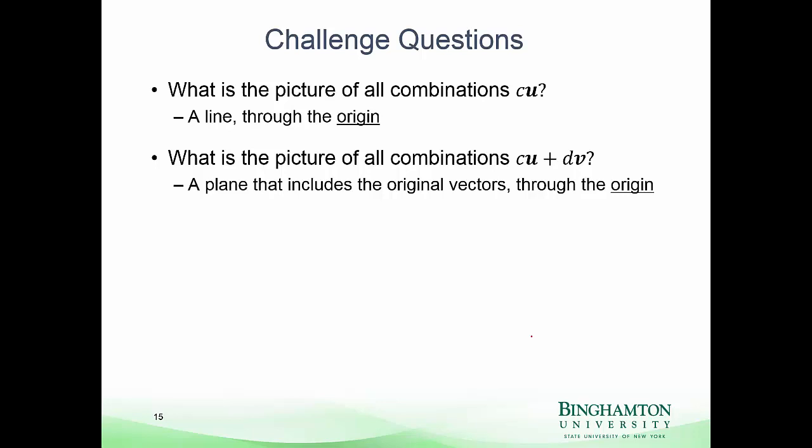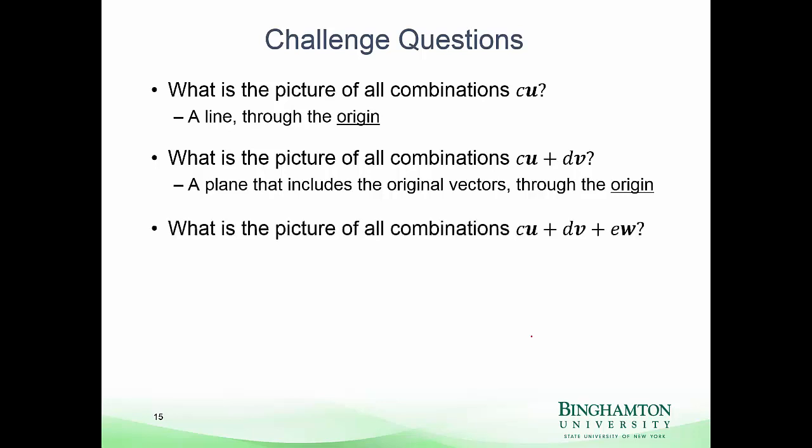That's the plane that each of those vectors lie in. So you give me two vectors that aren't on the same line, and there will be one plane that's defined by those two vectors, and I can create any vector in that plane by just properly choosing the coefficients c and d.